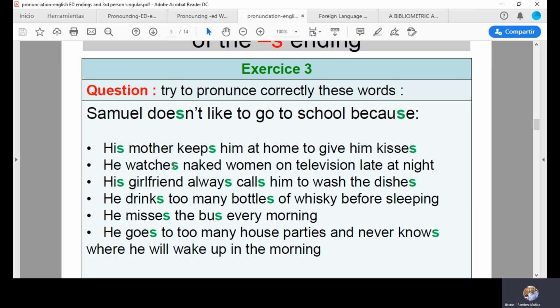his mother keeps him at home to give him kisses. He watches naked women on television late at night. His girlfriend always calls him to wash the dishes.